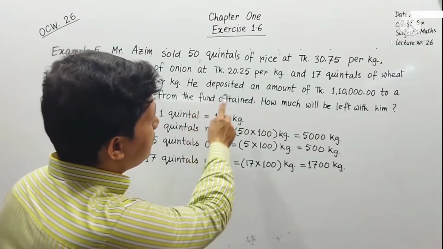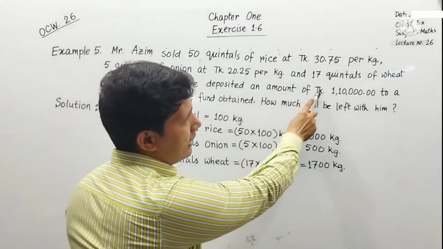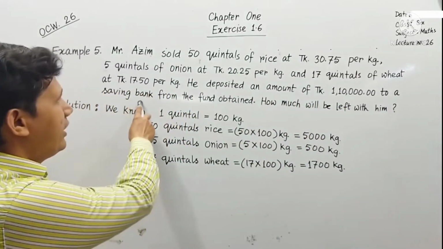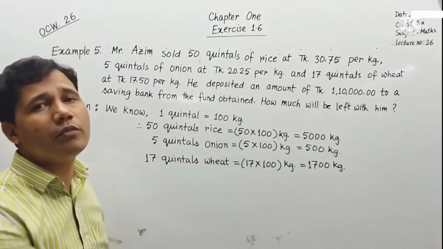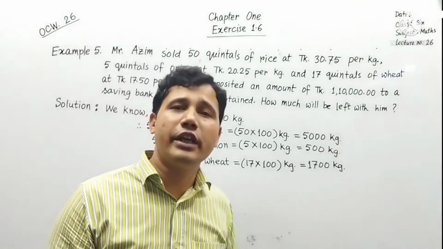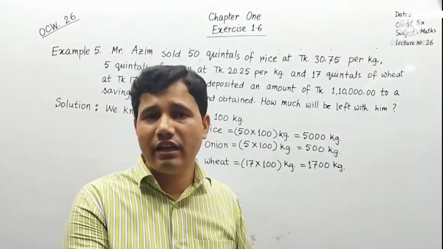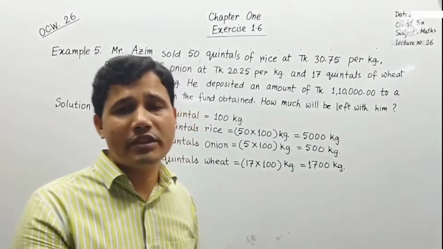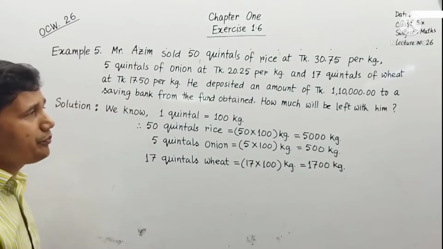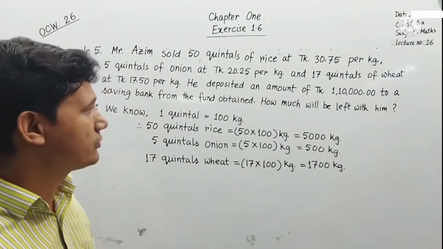Then he deposited an amount of Taka 1,10,000 to a savings bank from the fund obtained. How much will be left with him after saving from his fund in the bank? Okay, we know. Now the solution.